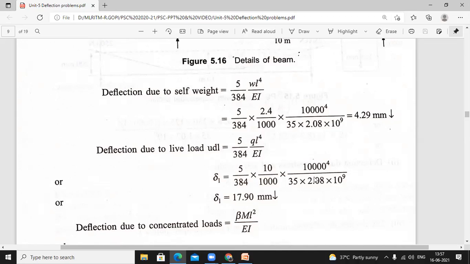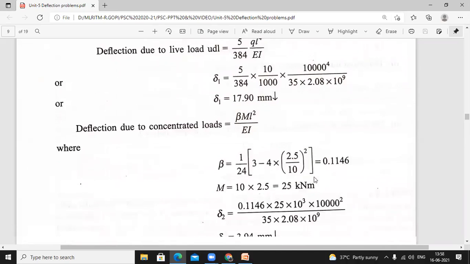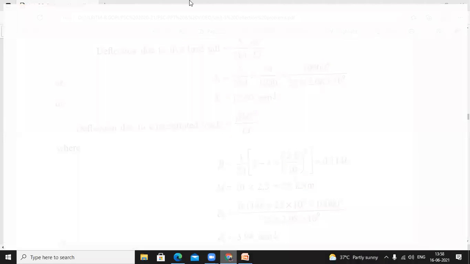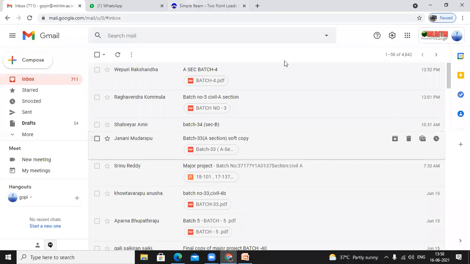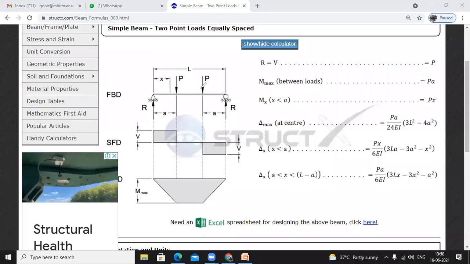Next, coming to concentrated live load deflection. So how to find it? In this book they gave some complicated formula. So either you can use that, otherwise you can see here, students. If 2 point loads are acting at a distance a, it may be 1/3 or 1/4 to 1/2, whatever it may be, at distance a, this is the deflection formula for maximum deflection.